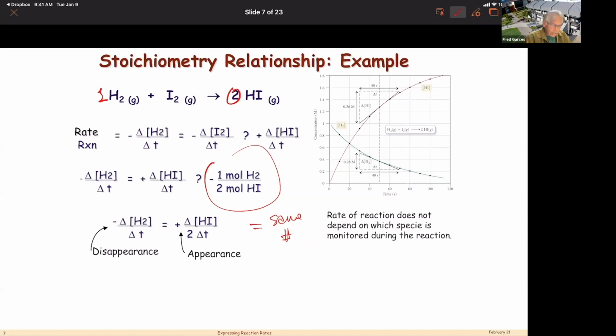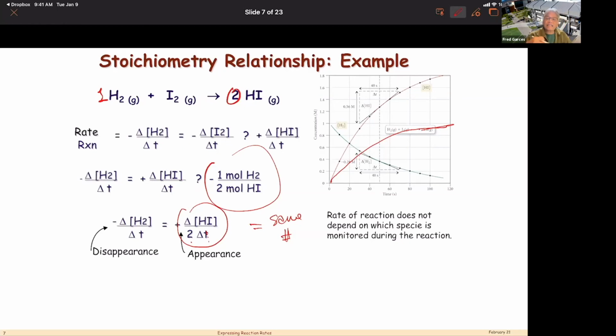Again, you put a 2 here because half of the appearance of HI is equal to 1 disappearance of H2. So we can do that by breaking this slope and making it half its value. So that's basically what we are saying by putting a 2 down there.